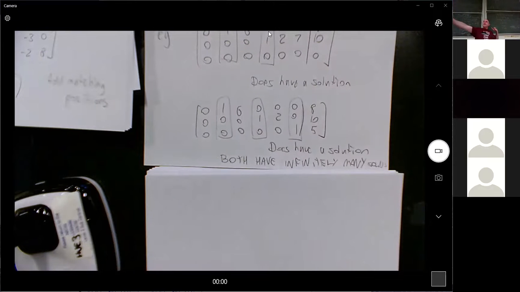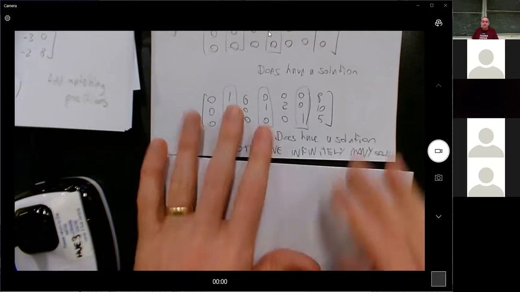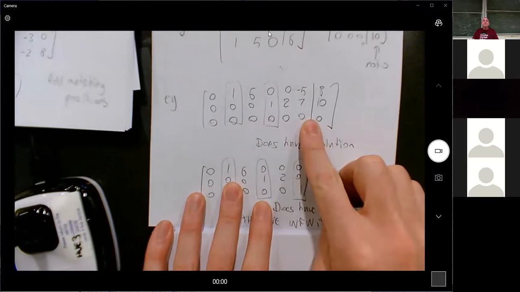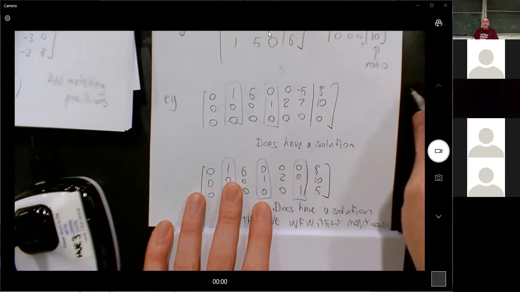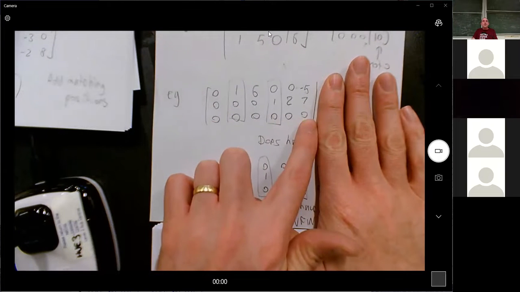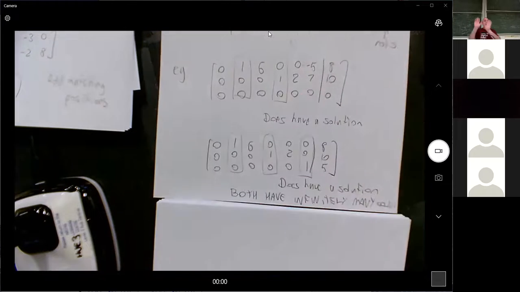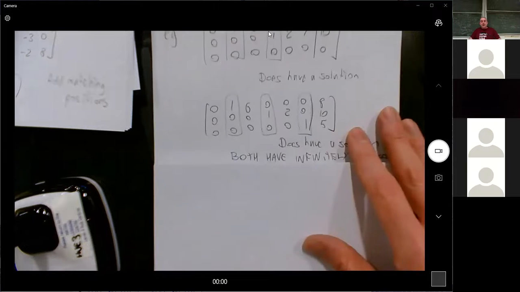I'm going to come back to that. So if I forget in the next 15 minutes, please ask again. Okay. That everyone else can hold me to that. There is not a pivot in every column, so the columns are not independent. Yep, they are dependent. Right, I'll get back to linear independence in a minute.